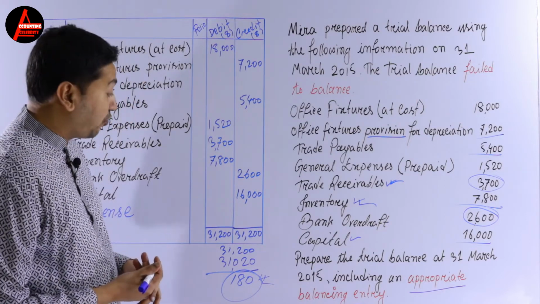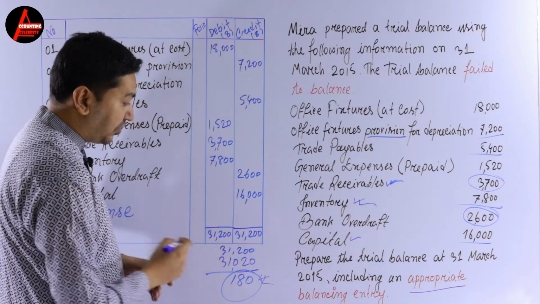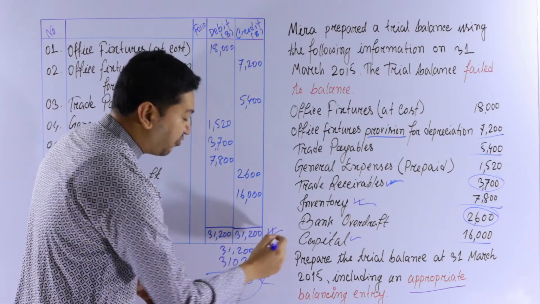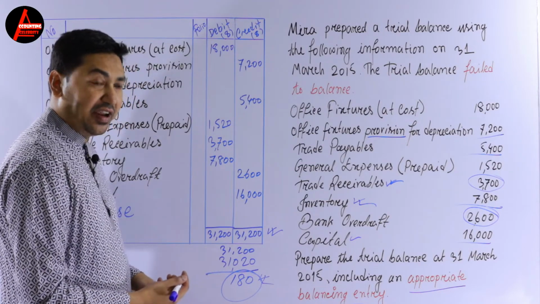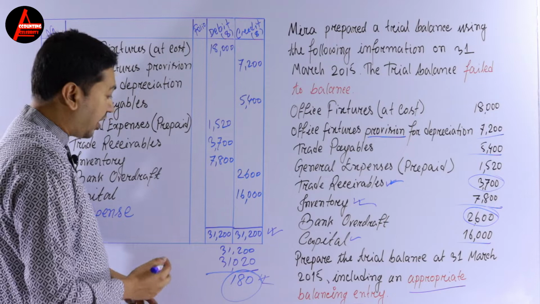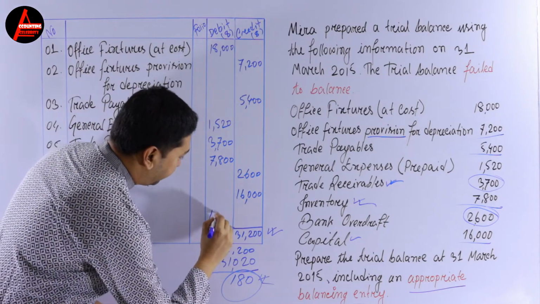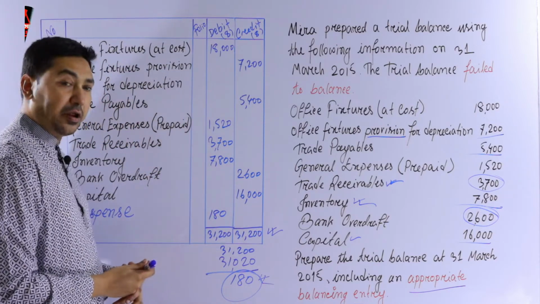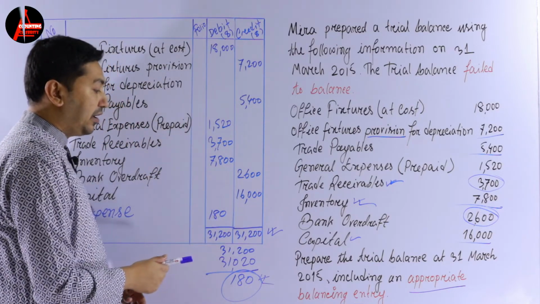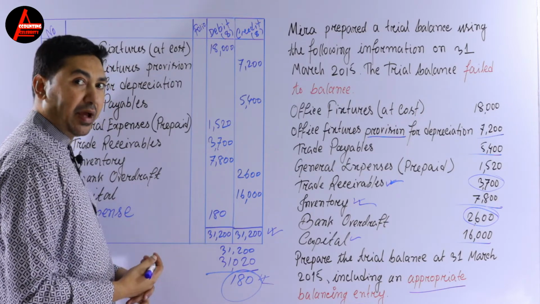So suspense, which column do you need to write here? This column or this column? Here your amount is correct, 31,200. So you have $180 less. So you have to put this amount in the debit column, because you have less amount in the debit column. For this $180 in the debit column, your trial balance is balanced.